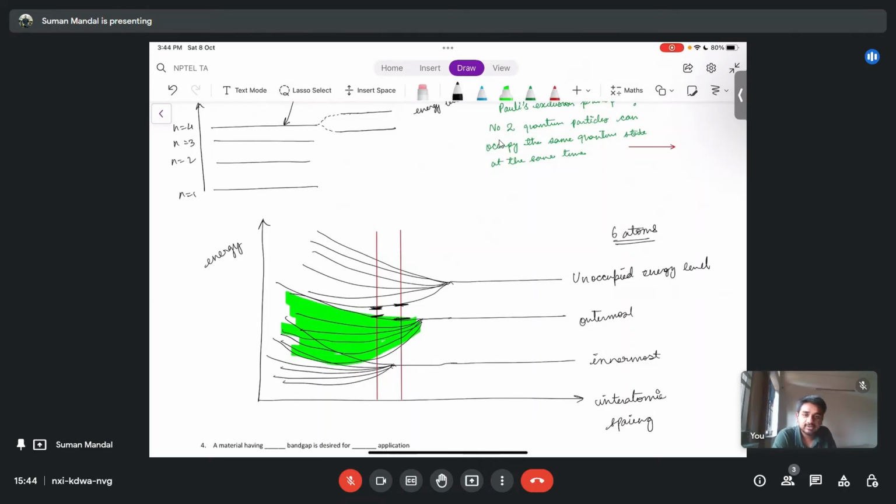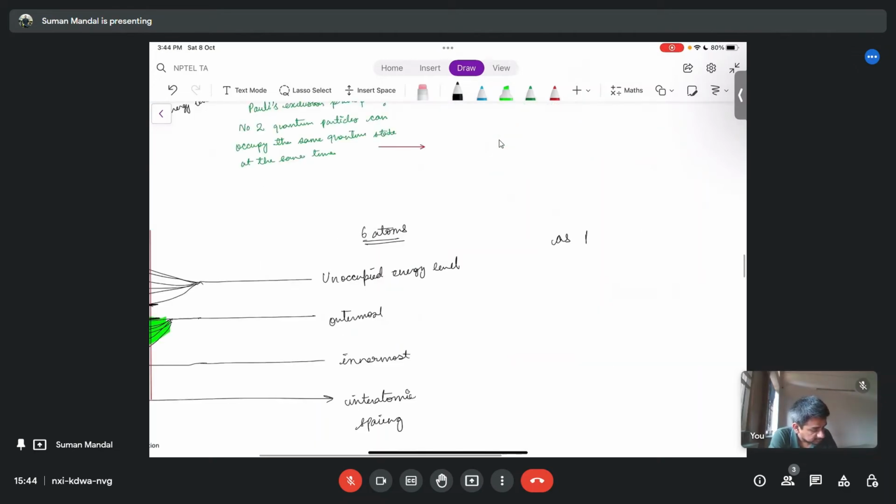It will become smaller. So as pressure is increased, the band gap decreases.